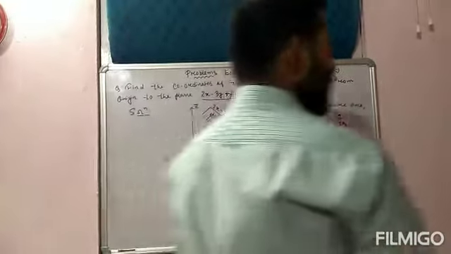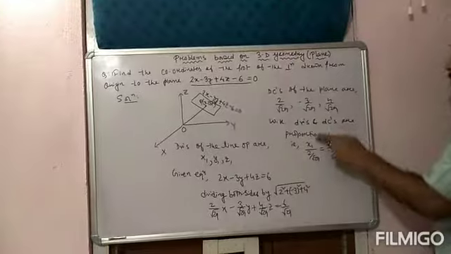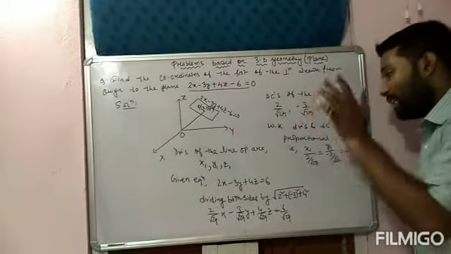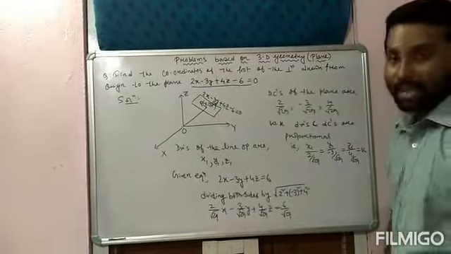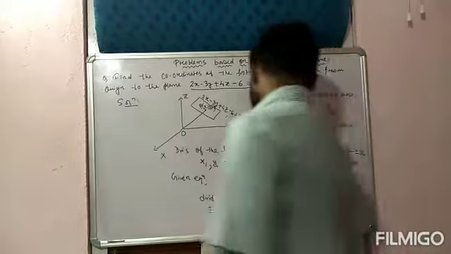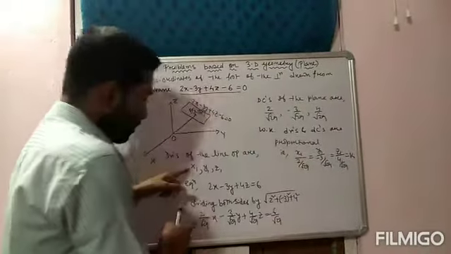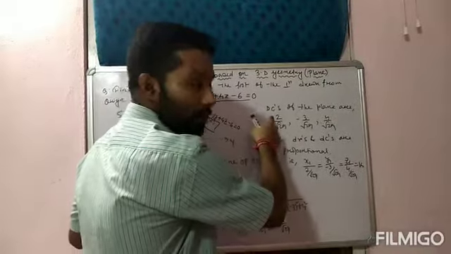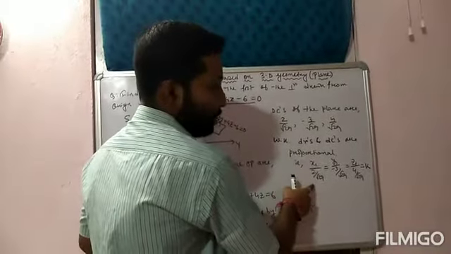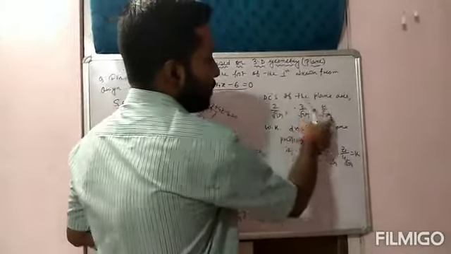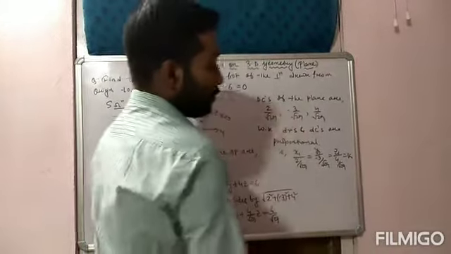Since we know that direction ratios and direction cosines are proportional, पहले भी बताया था ये वेक्टर अलजेब्रा में, इवन इन 3 डायमेंशनल ज्योमेट्री में भी ये बताया था कि direction ratios and direction cosines are also proportional. So that's why we can write x1, x1 का corresponding element है डायरेक्शन कोसाइन में 2 by root 29. So that's why x1 by 2 by root 29 is equal to y1 by minus 3 by root 29 is equal to z1 by 4 by root 29.